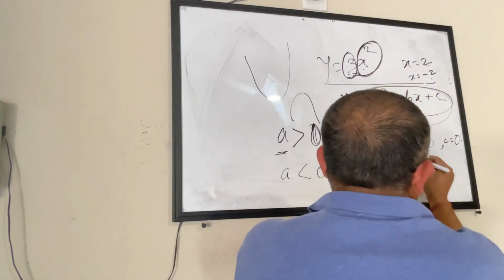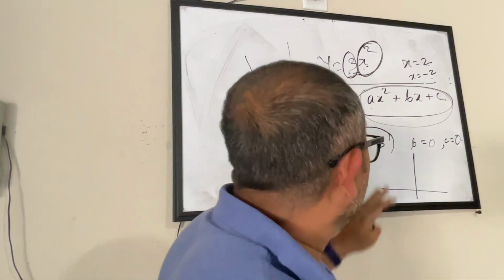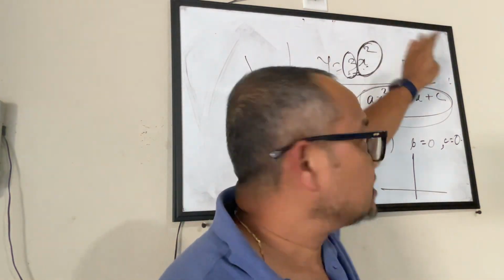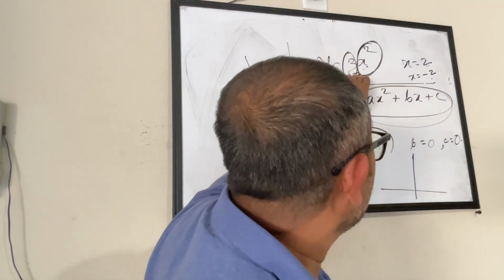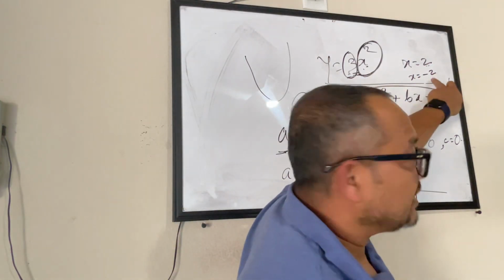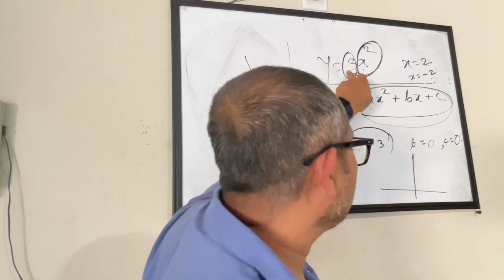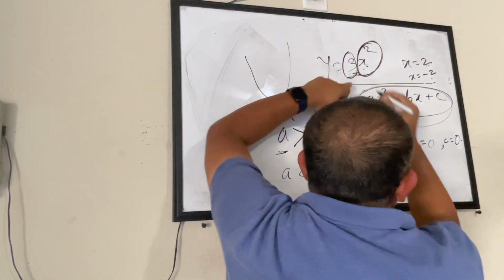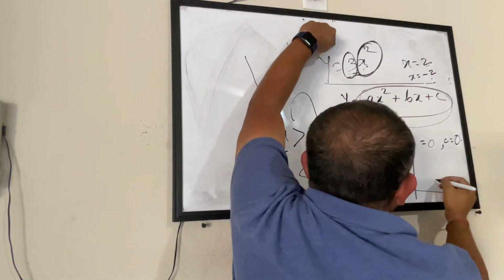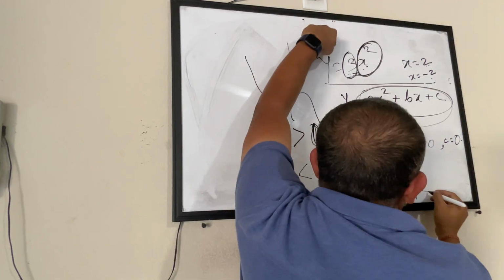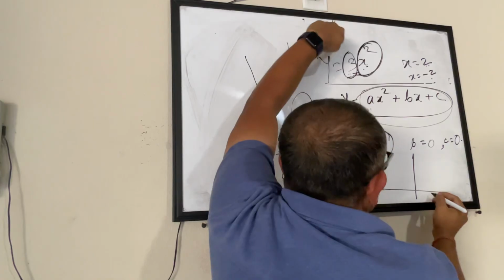Let's say here, I don't know where the parabola is, but this is my equation. When x is 2 or when x is minus 2. When x is 2 and this is positive, right? So, what will be the value of y? When x is 2, y will be 4 into 3, 12.